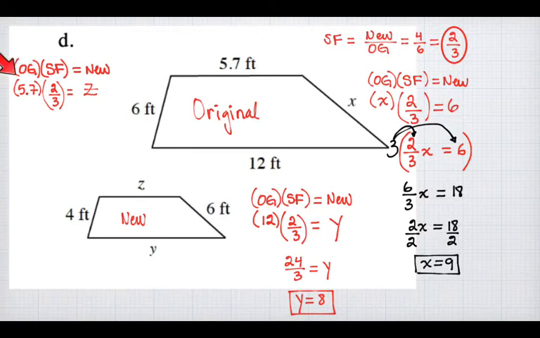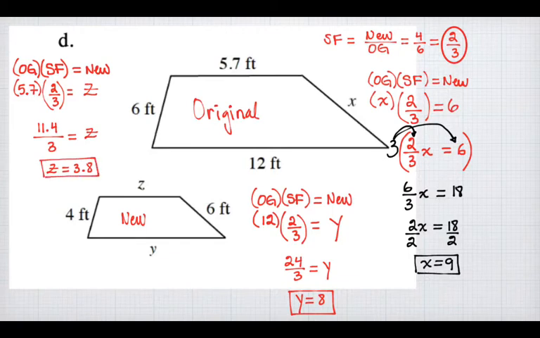So what's 5.7 times 2? 11.4. Over what? Over 3 equals z. What's 11.4 divided by 3? 3.8. So the value of z is 3.8.